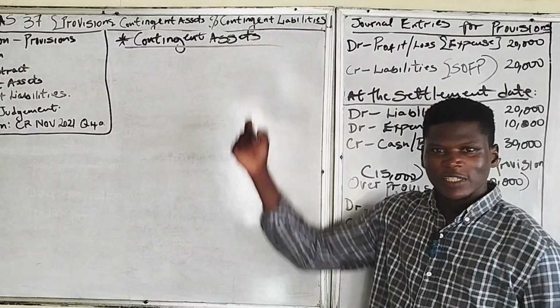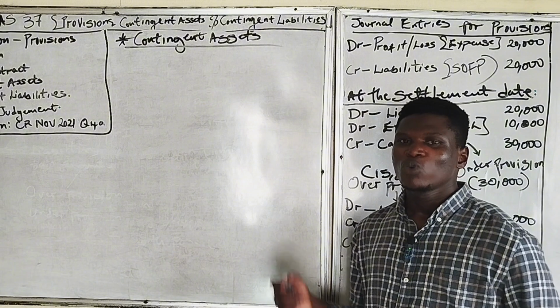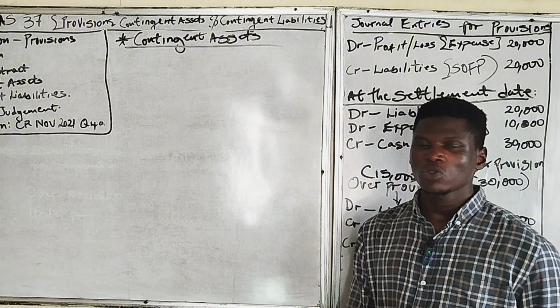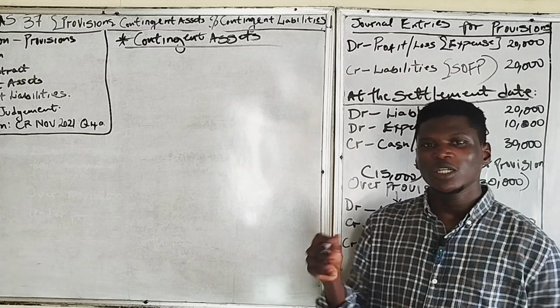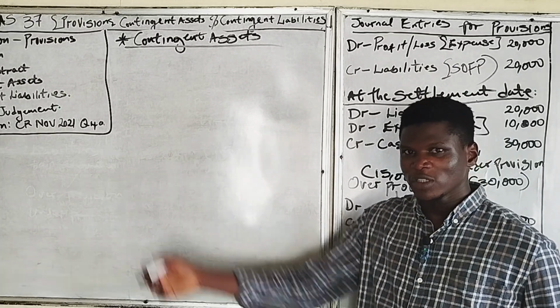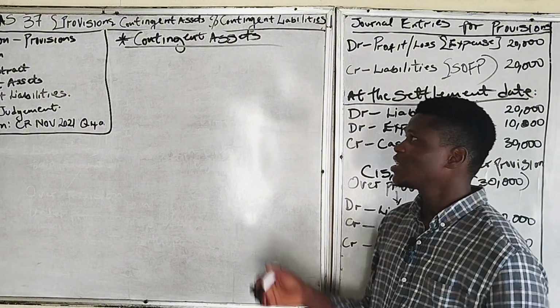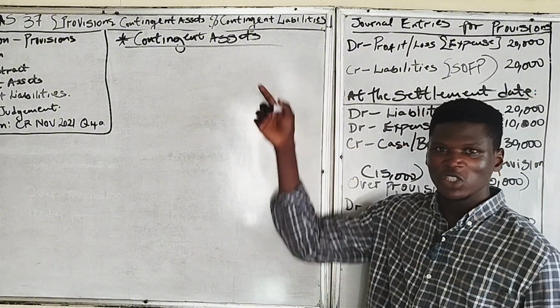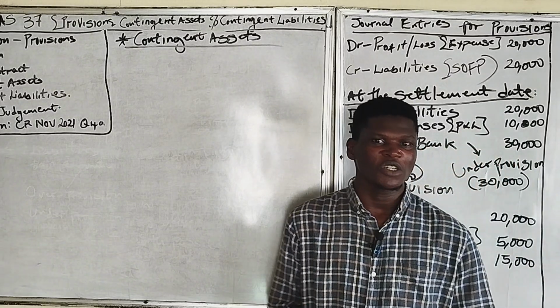Contingent assets are possible assets which arise as a result of past events, whose recognition in the financial statements depends on the occurrence or non-occurrence of a future event. So the occurrence or non-occurrence of an event determines whether we will have a contingent asset or not. Contingent assets are just possible assets which can be generated for a company.